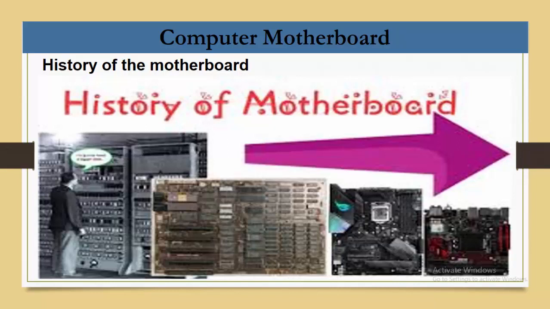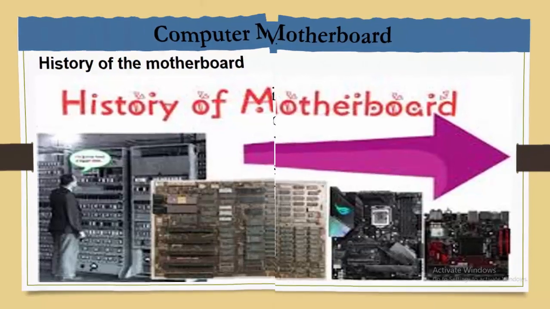The LPX motherboard form factor was developed by Western Digital in 1987, I think. Intel released the first version of the ATX specification for motherboards in July 1995. In other years, other motherboards were also introduced, but you can read about them in your book because we don't have enough time to explain all of them. Let's go ahead.